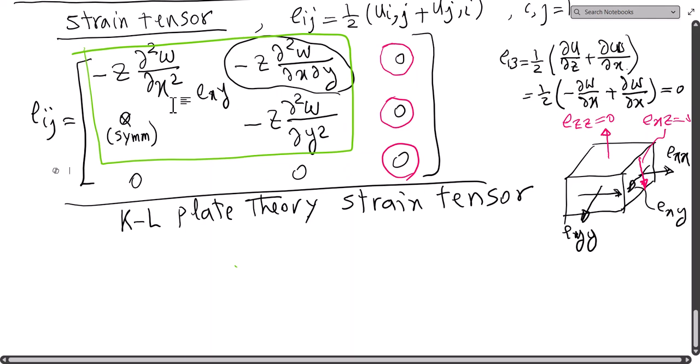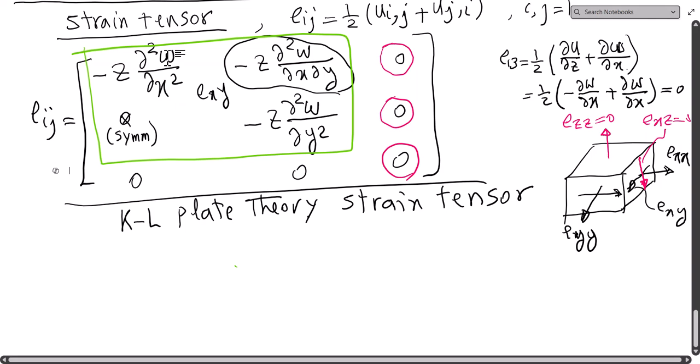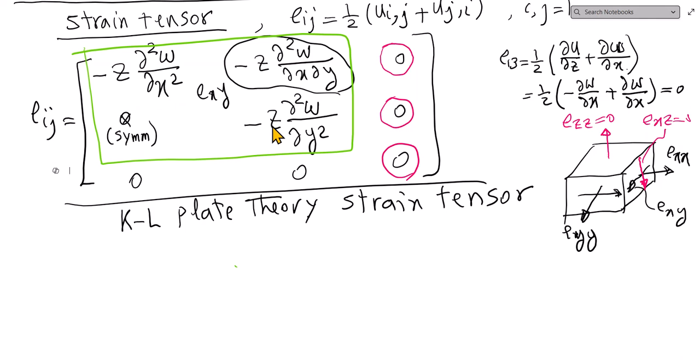All other strains about the third dimension, which is z, are 0. So this is EXX, this is EXY, EYX, which is EXY, and EYY. So this is one thing that we can say. Okay, so far so good.